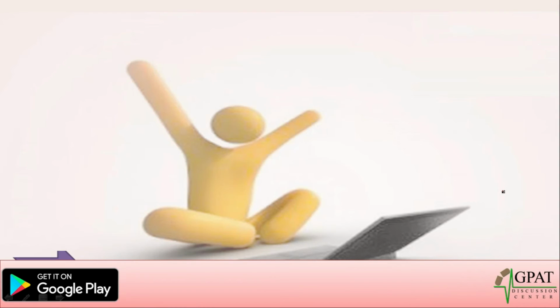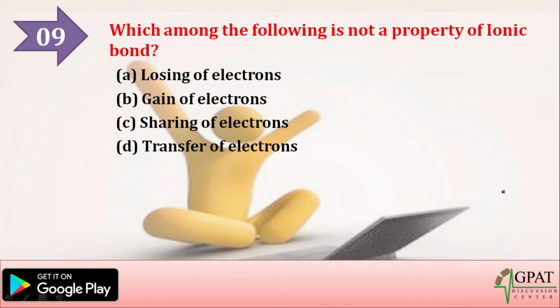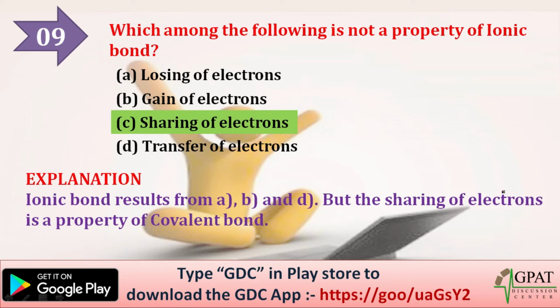Coming to the next question: which among the following is not a property of ionic bond? Options are option A, losing of electrons, option B, gaining of electrons, option C, sharing of electrons, option D, transfer of electrons. So the correct answer is sharing of electrons.